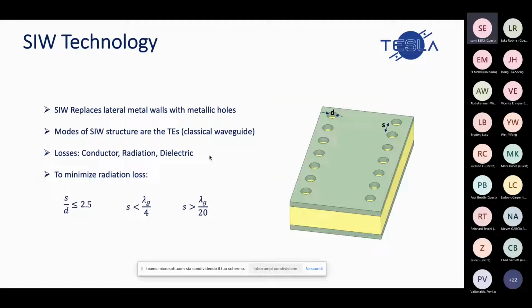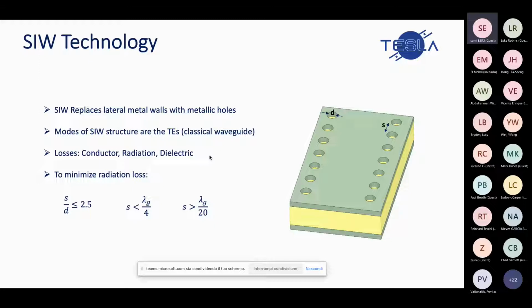So SIW technology replaces ideal metal walls with metallized vias that connect the upper conductor plane to the lower ground plane. So we are recreating a waveguide with few small losses. And the waves are confined into the substrate. So the choice of the substrate is of great importance in this technology.